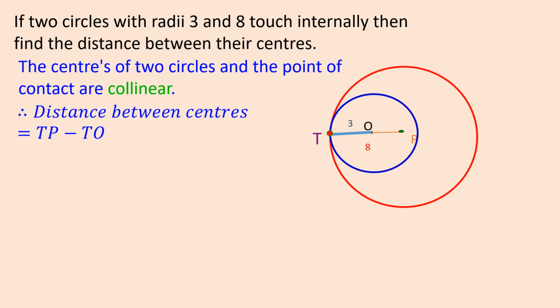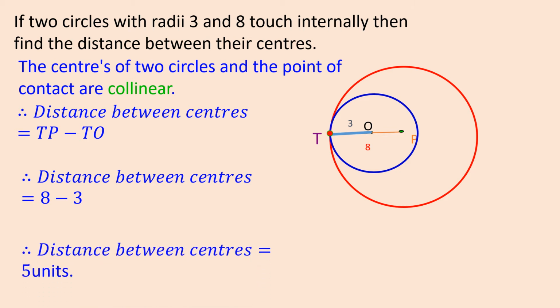By using that, we are finding out the distance between their centers, center O and P. So OP will be TP minus TO. So we have 8 units minus 3 units, which will give you 5. So the distance between their centers, that is O and P, will be 5 units. This is the way we have to learn touching circles. So let us see the other one.